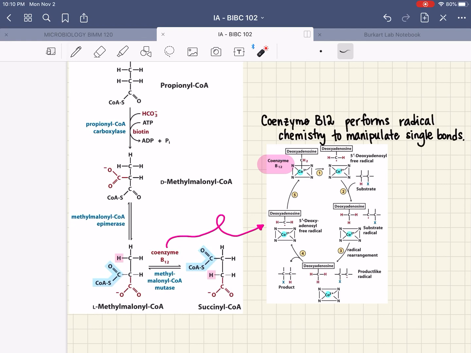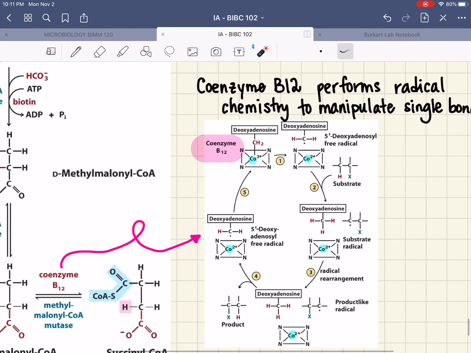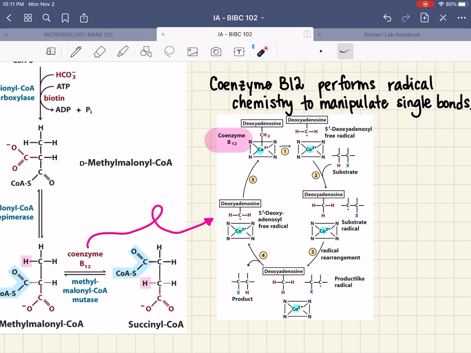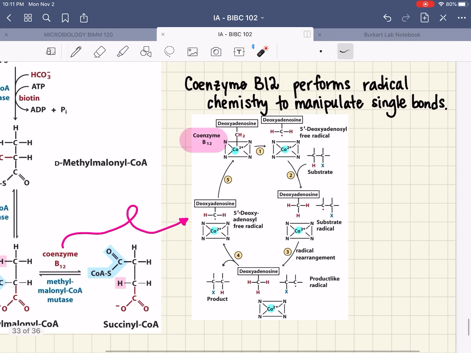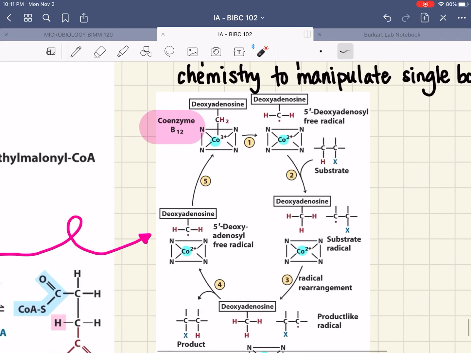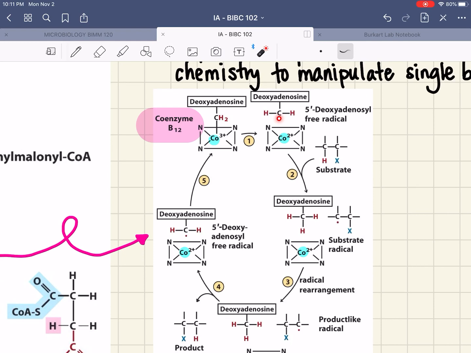To take a closer look at coenzyme B12, it's important because it has this cobalt in the middle of it. And what cobalt does is it is involved in radical chemistry. And a radical is 1 electron.